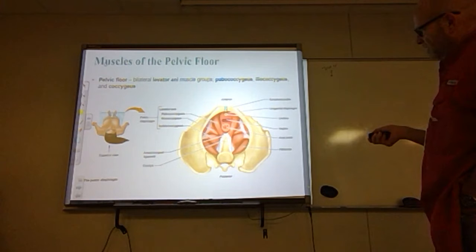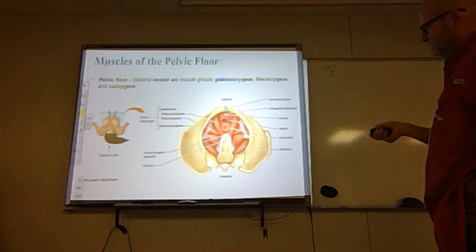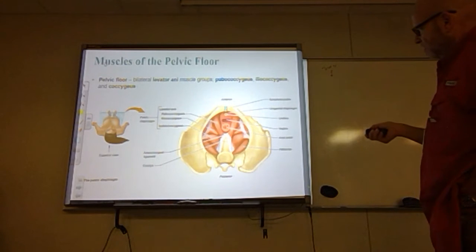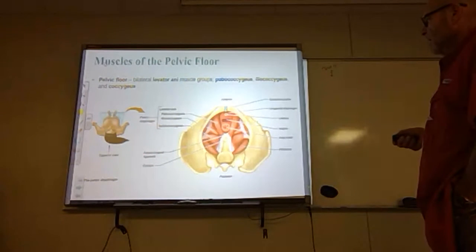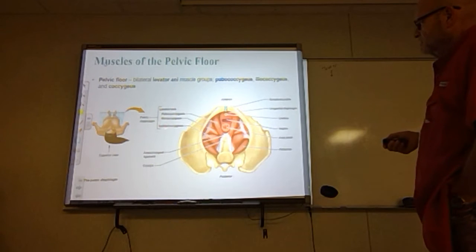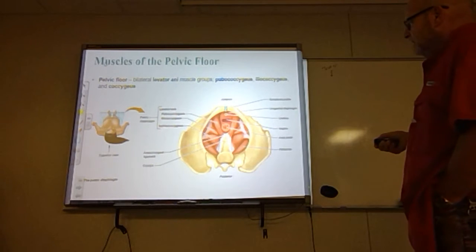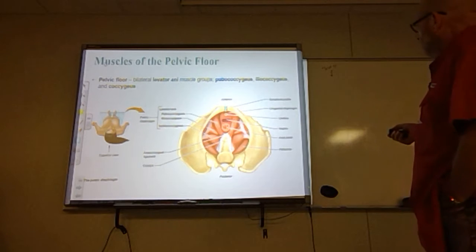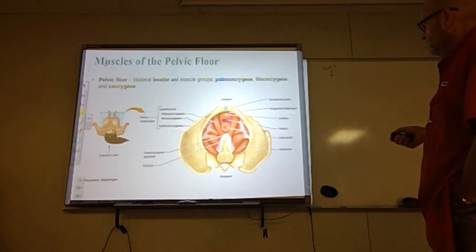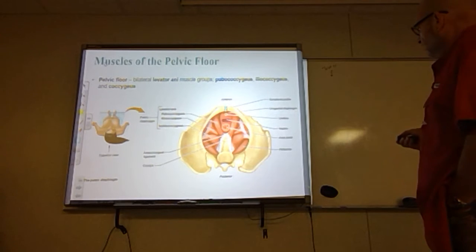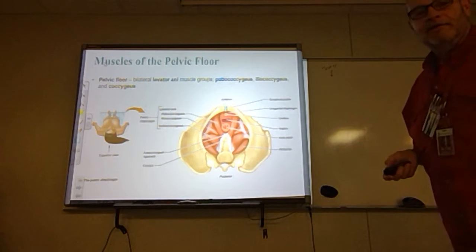Again, you see the coccyx and the sacrum, a lot of muscle attachment going on in those areas. There's several of the muscles: the pubococcygeus, the iliococcygeus, coccygeus, the ischiococcygeus, the urogenital diaphragm, there's the urethra, the vagina, so this is clearly the female.